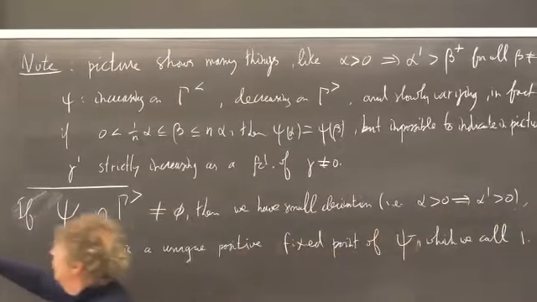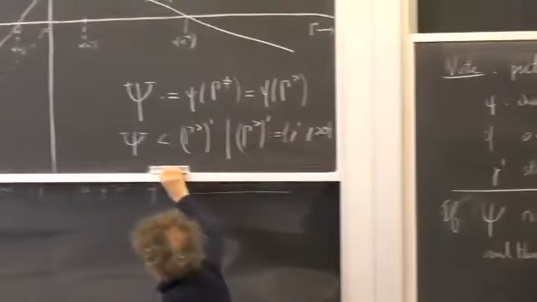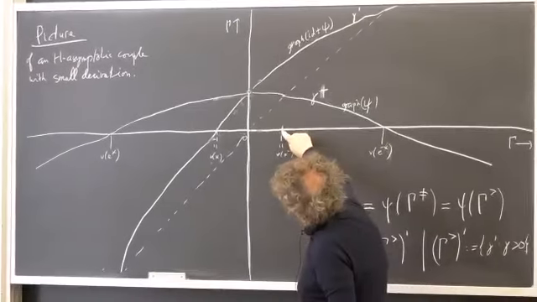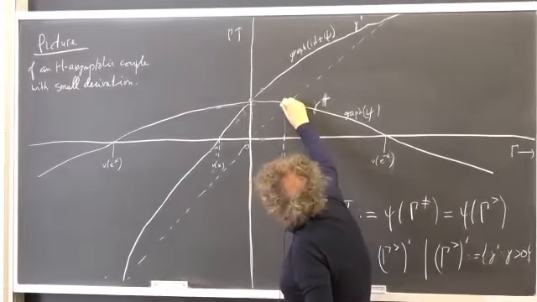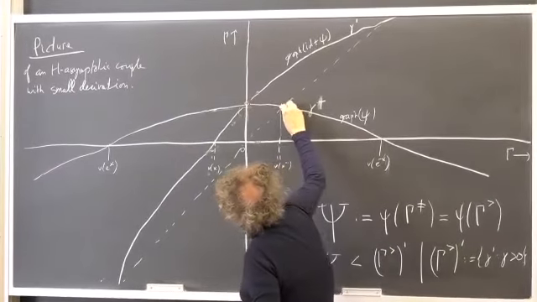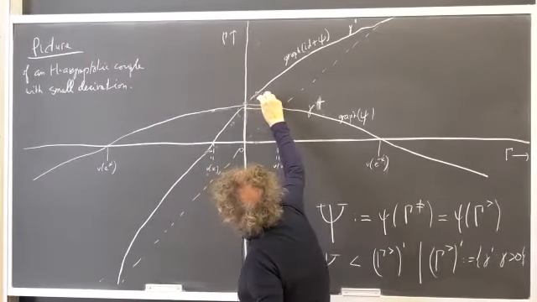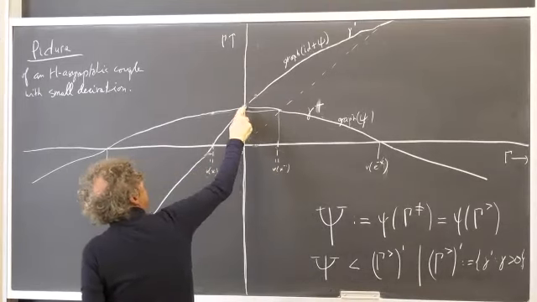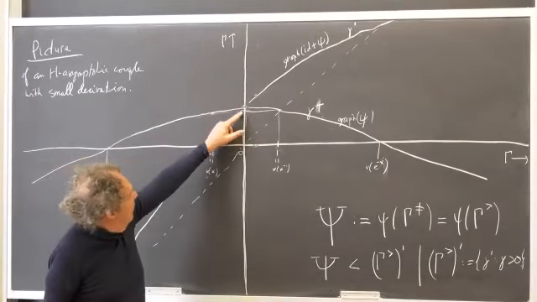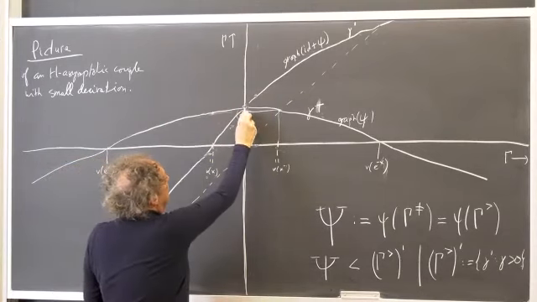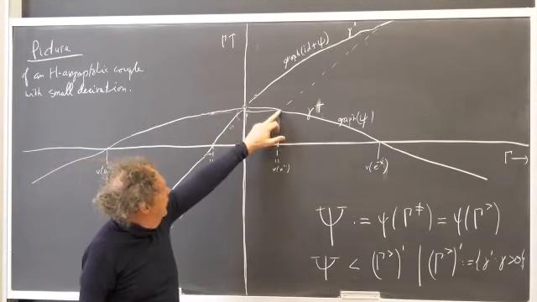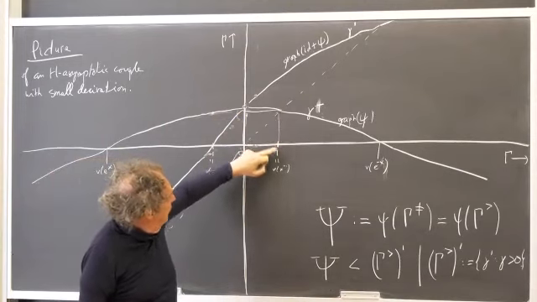So that is what this 1 here is. It's a fixed point of the psi function. You see, this gap, this little hole, is just a little bit above 1. Here you have a fixed point of the psi function.